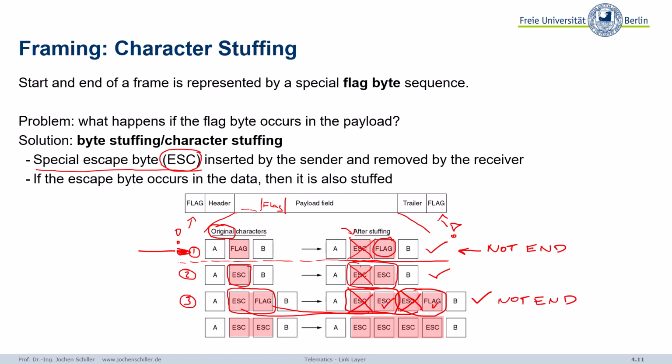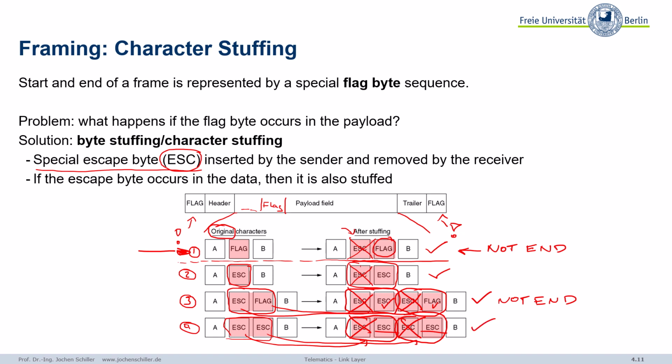What happens if we have two escape characters, for example, in situation 4? Simple rule. First escape, stuffed, results in 2 escapes. Then second escape, stuffed, results in 2 escapes. On the receiving side, simply kick out the first escape, that leaves an escape. Then we kick out the escape, that leaves an escape. Perfect.